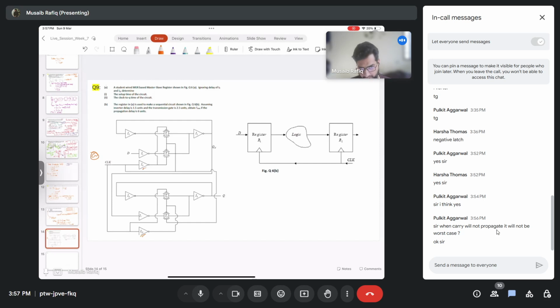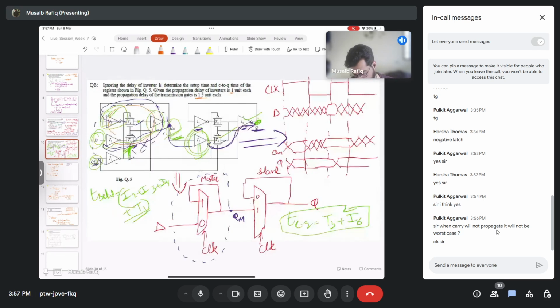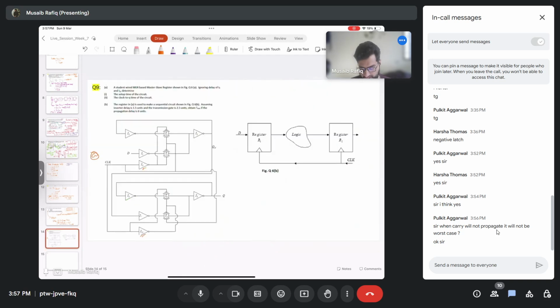I think it's simply just plugging the values. By now, you should be able to do it if you got this one. Maybe for reference, I'll keep it here for just a couple of seconds. And exactly the same methodology you have to adopt here. So, inverter delays are 1.5 units and transmission delay is 2.5. So, T of TG is 2.5 and T of inverter is 1.5.